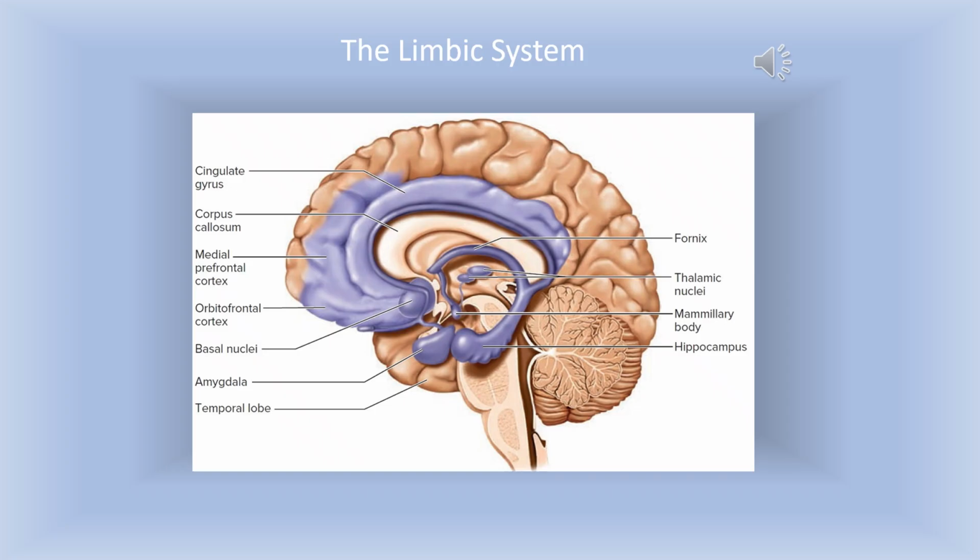There is a very strong emotional quality to smells, and also a very strong memory of smells. The limbic system has a lot to do with emotions and memories, and the olfactory cortex is located right there in the same area.